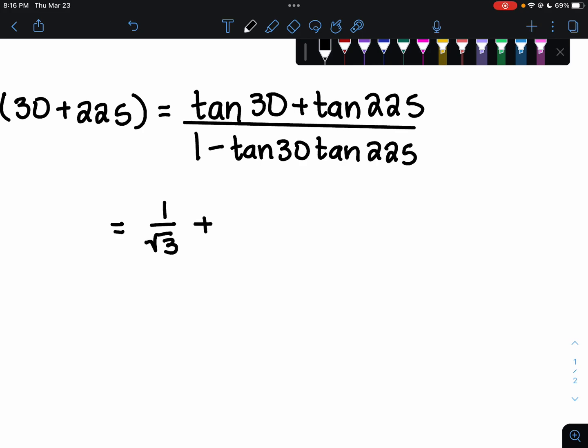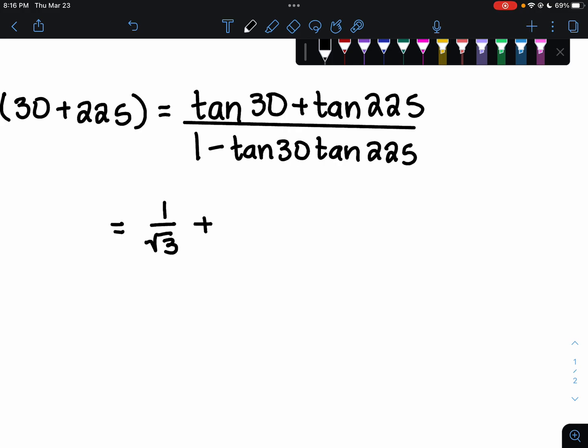Then we are going to add tangent of 225. In example 1, we used 225. It's in the third quadrant, and it had a reference angle of 45 degrees. So that is my middle finger. For tangent, we do the square root of the bottom, so the square root of 2, over the square root of the top, which is also the square root of 2.